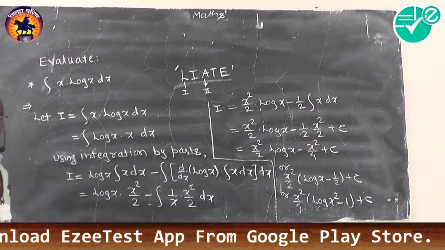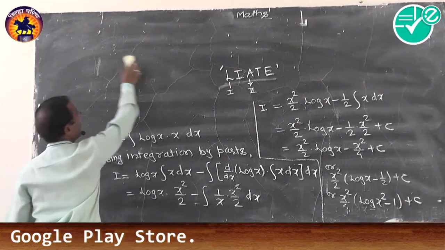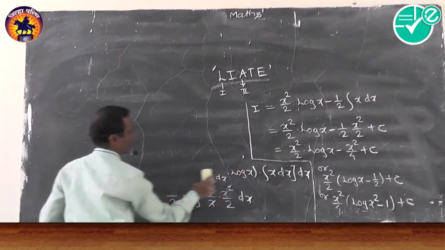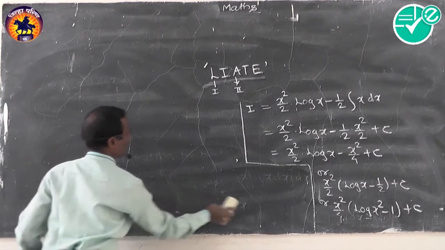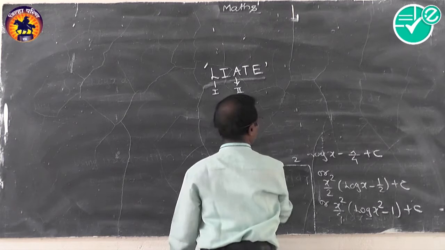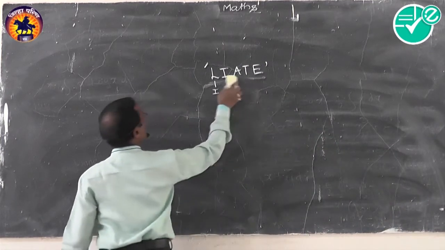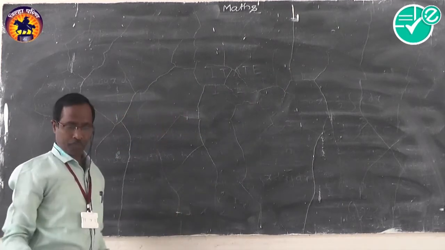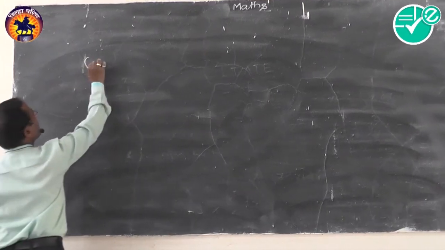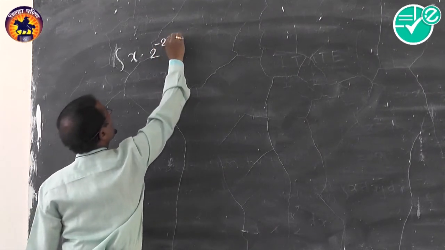Now we are going to take the second example. Integral of x into 2 to the power minus 2x dx.